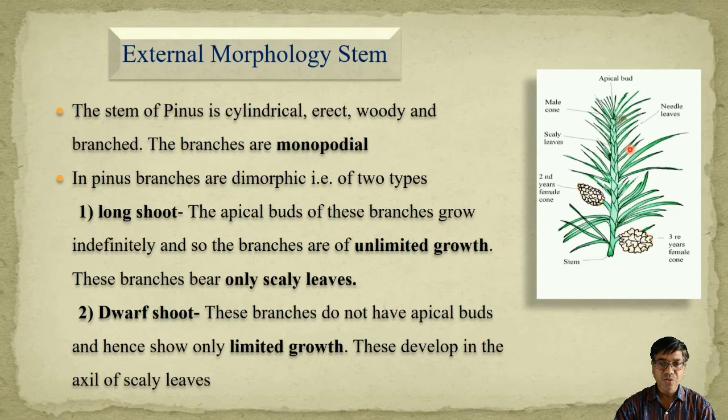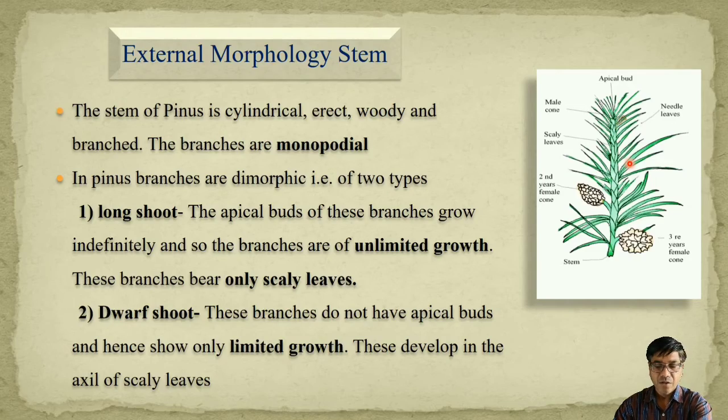These shoots are shed every 2 to 3 years, leaving scars on the stem. A dwarf shoot with its foliage leaves is called a spur. Dwarf shoot is up to half an inch in length.